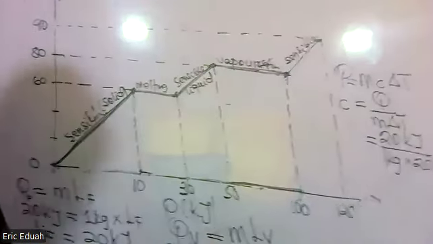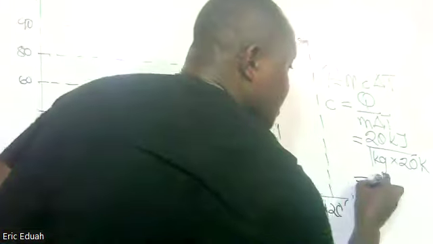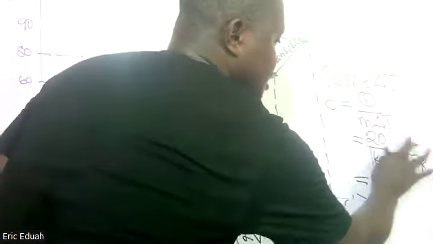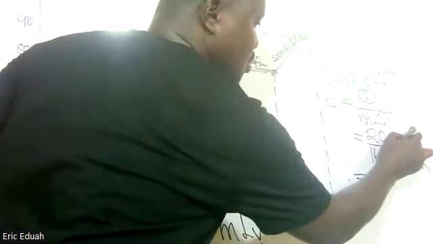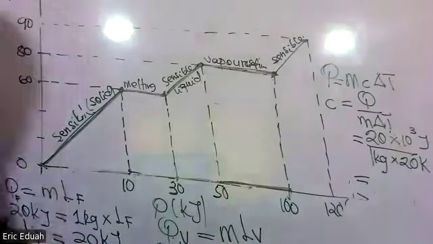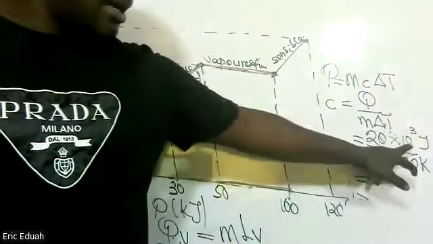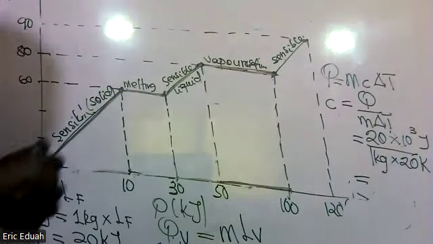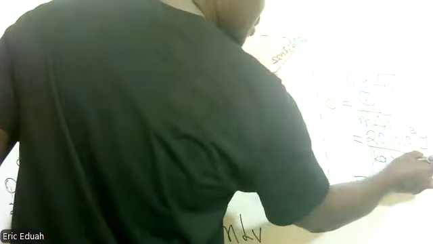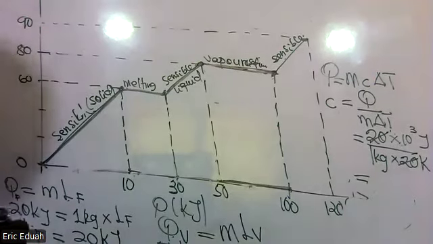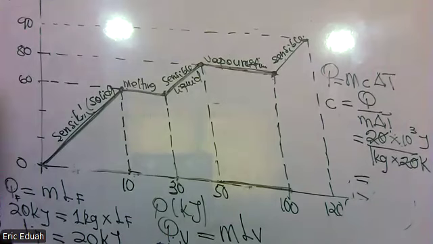Therefore, in order not to be confused, let's change the kilo. This is joules. So instead of kilo, I'm substituting it with 10 to the power 3. So if we look at what we have, this 20 cancels this 20.